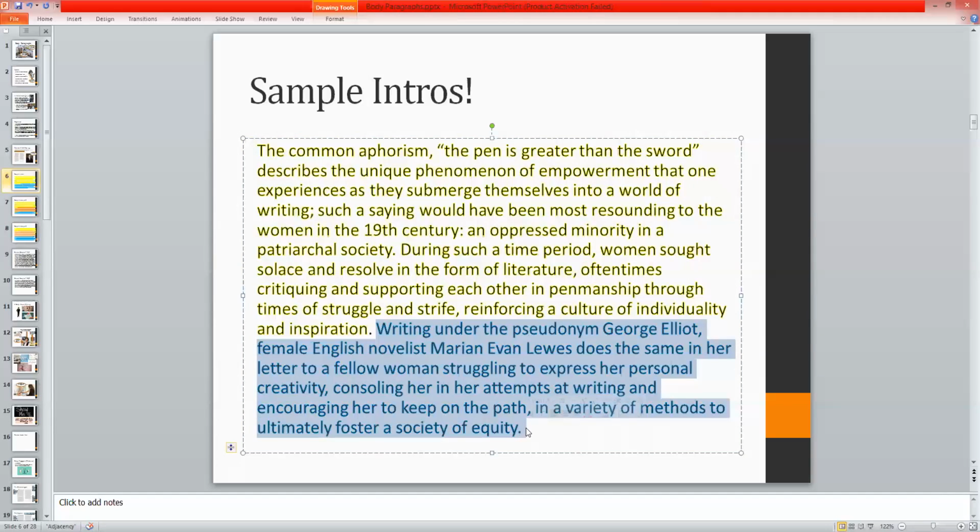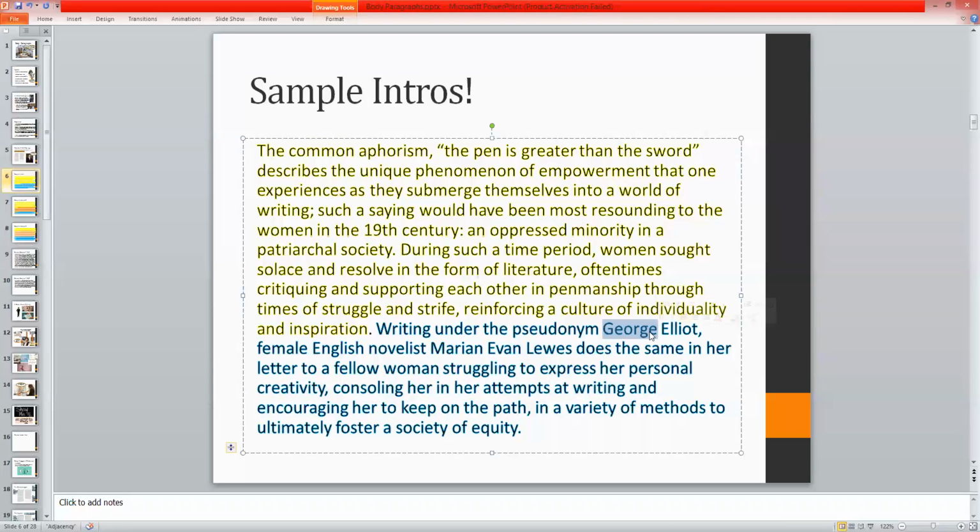And this is a pretty complex and strong thesis altogether, because on the very first part of this, it talks about who is giving this piece and also the circumstance of writing this piece, right? They can't just straight out say they're Marian Evan Lewis. They had to write as a pseudonym a male name, George Eliot, to get their piece out.